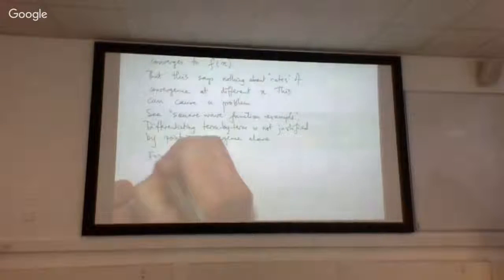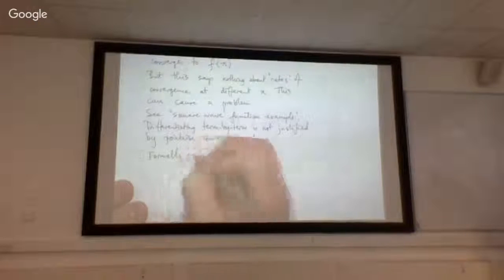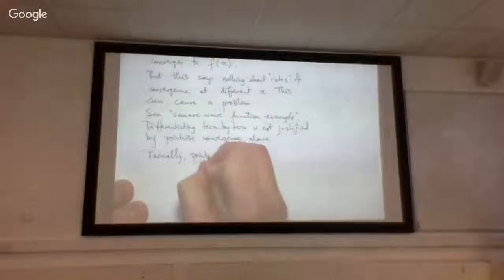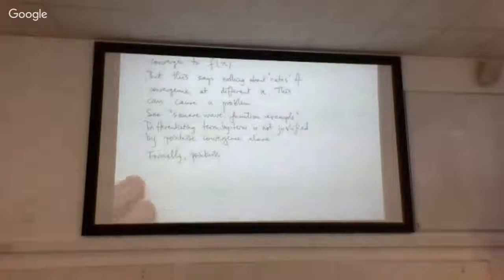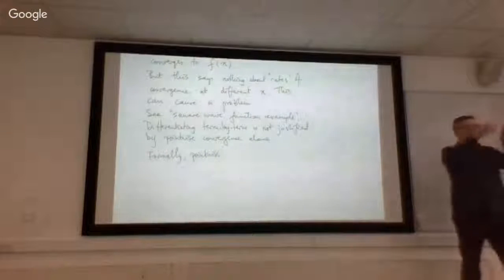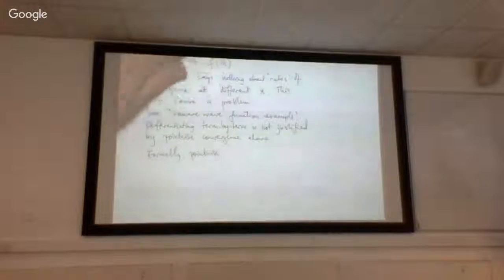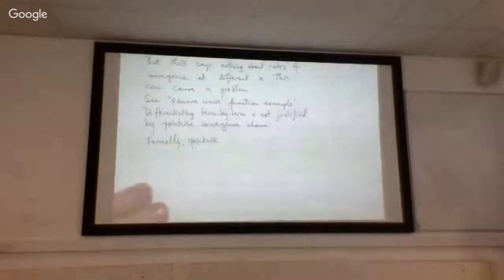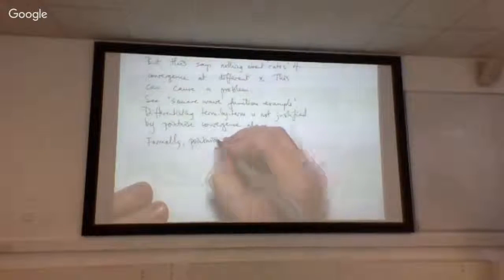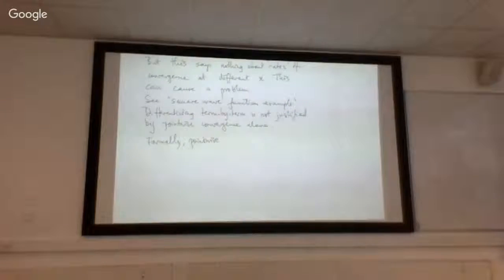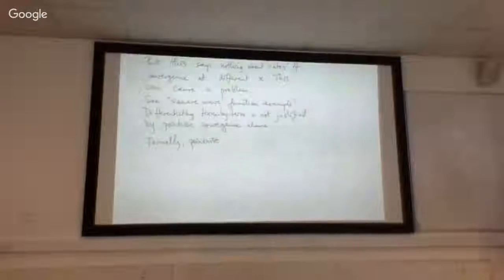Formally, remember, you'll remember from last year, convergence is expressed formally using the concept of epsilon values, an arbitrarily small epsilon, in terms of distance from the sequence terms to the limit. So it's useful to look at what the formal logical version of pointwise convergence is.